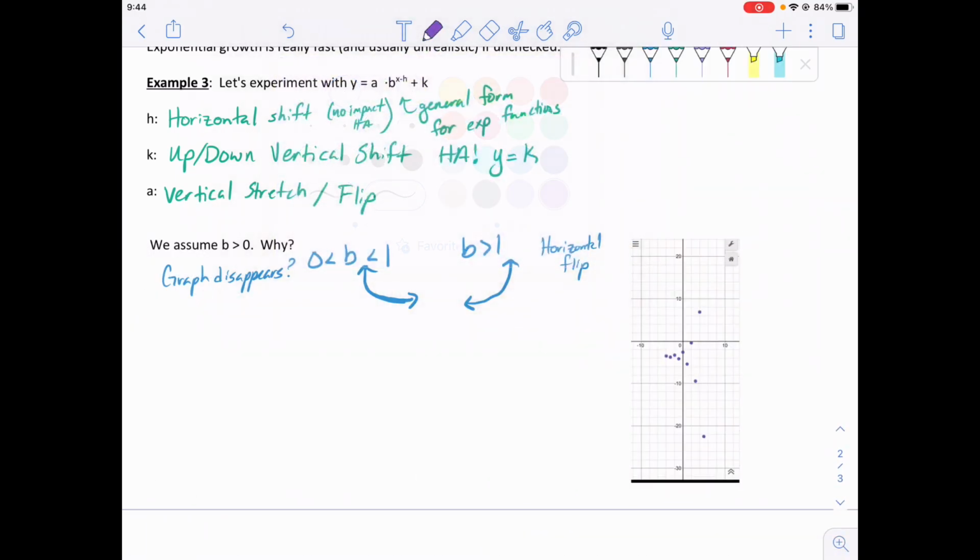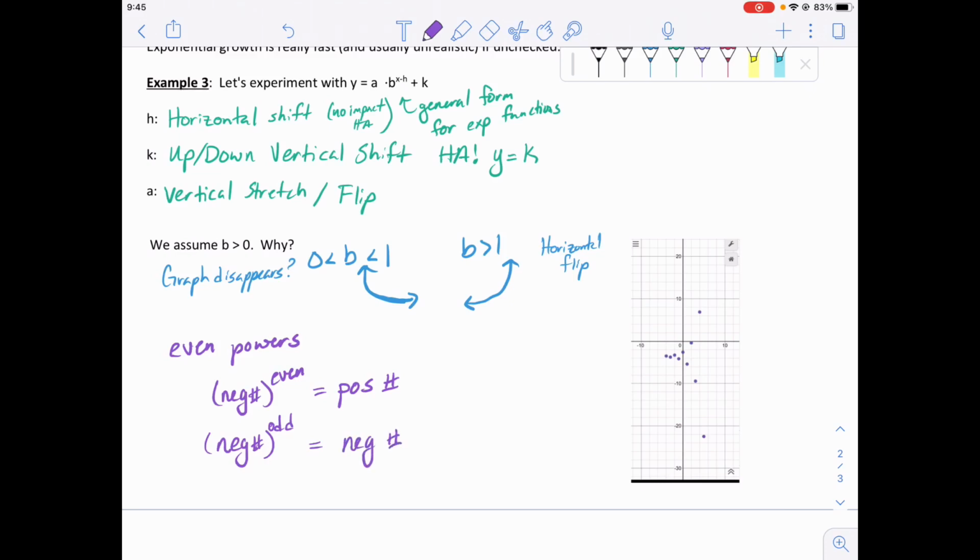And so what's happening is that when we have even powers, right, if we have a negative number to an even power, we get a positive number, right? If we have a negative number to an odd power, we get a negative number. So we see this sort of oscillation happen.